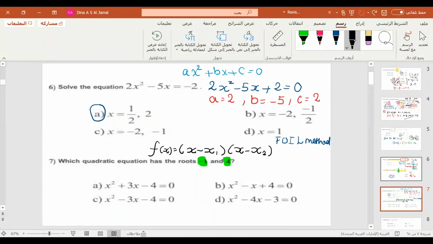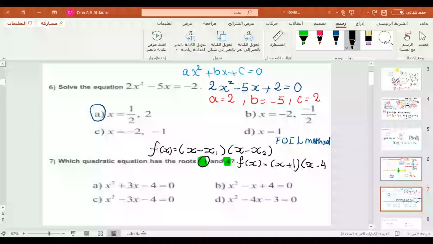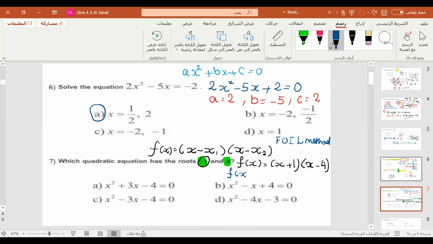So it will be x minus, but you are having -1, so it will be x plus 1. And 4 in the positive, that means x minus 4 directly. So FOIL method, you will be using it. After all this, check your answer.